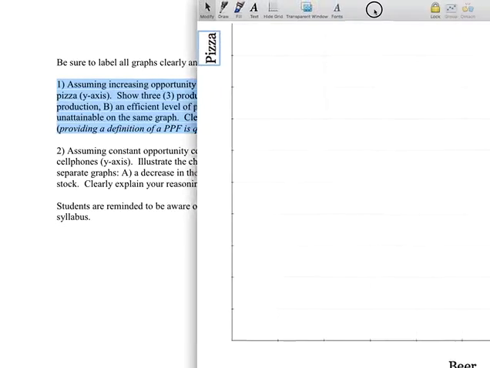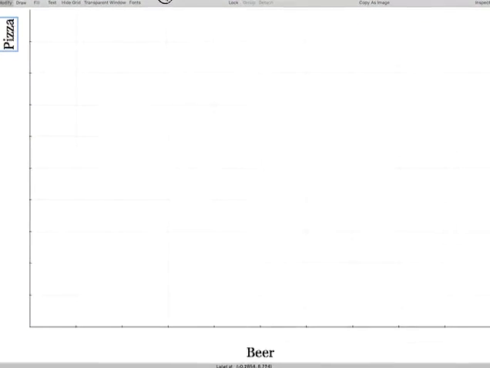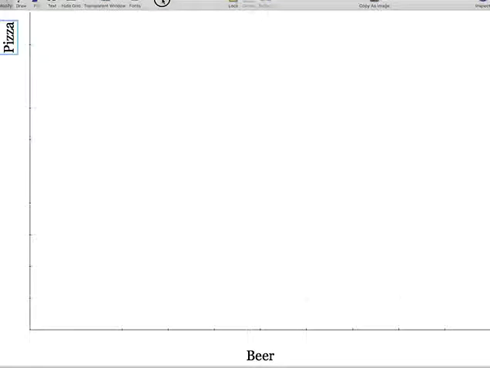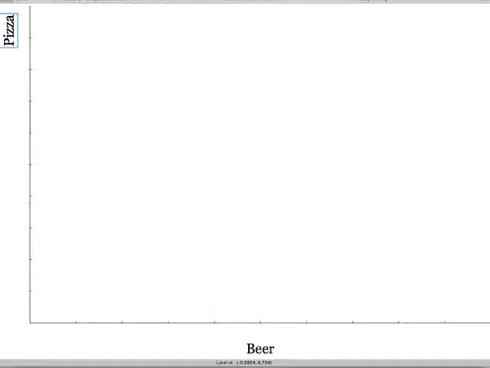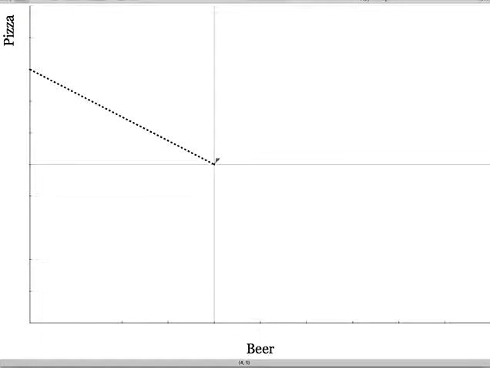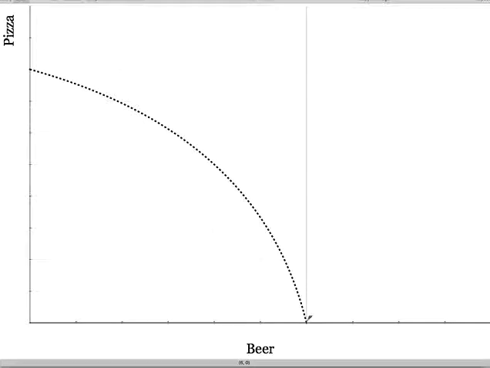So let me bring in my OmniGraph sketcher here. So here we have beer on the x-axis and pizza on the y-axis, and we were told to illustrate a production possibilities frontier that exhibits increasing opportunity cost.